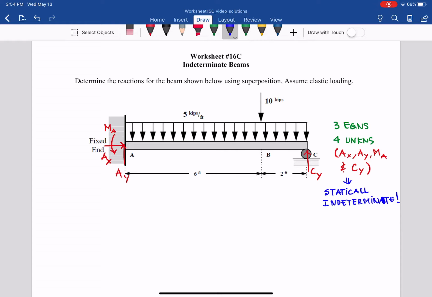In this scenario, if I'm talking about Cy, we remove Cy and consider Cy as an external load.